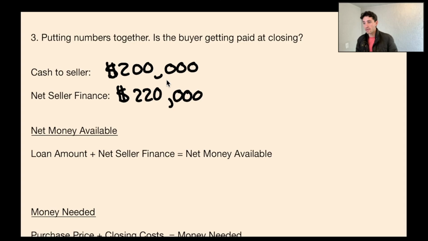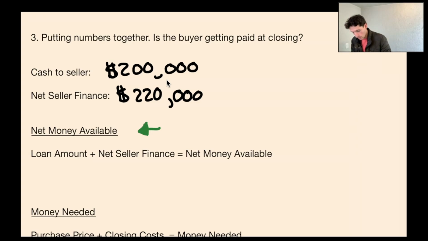Net money available. This is where a lot of investors get confused, and here is where I told you there are only two sources of money we have on the Morby method, and that is from the loan amount and seller finance.